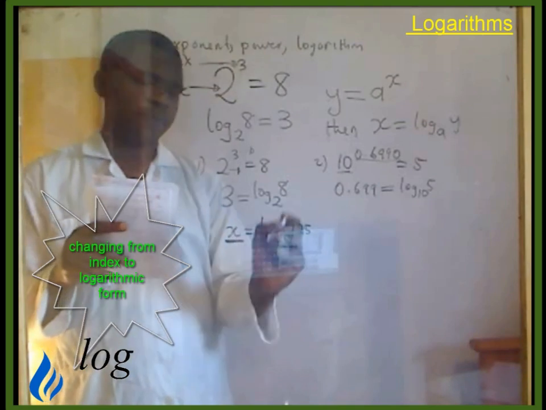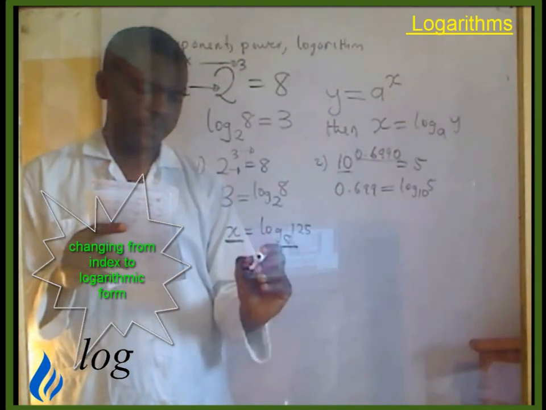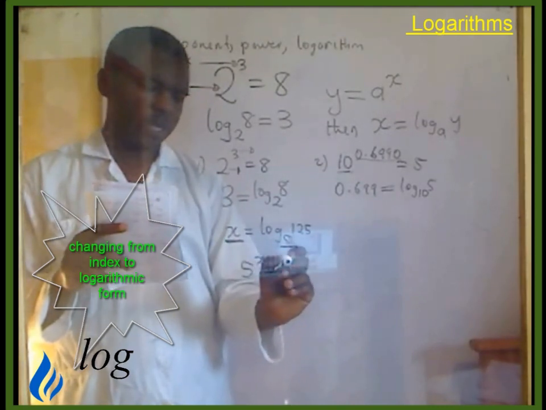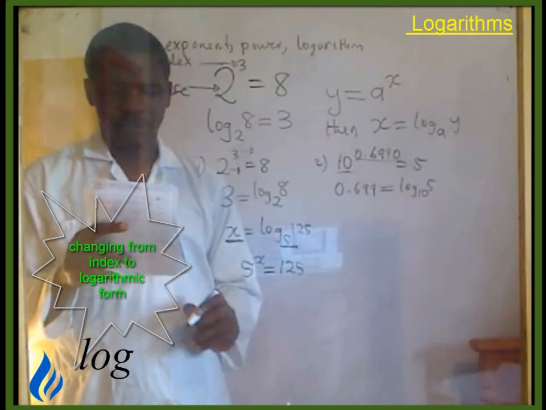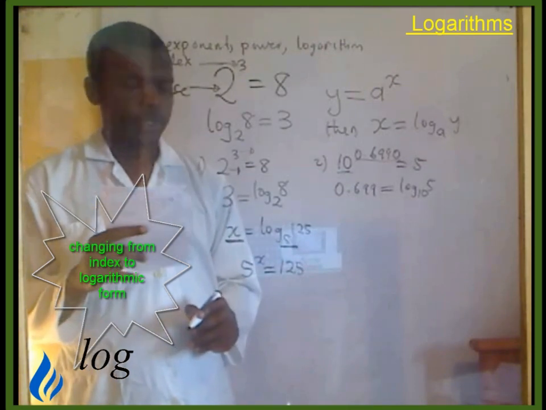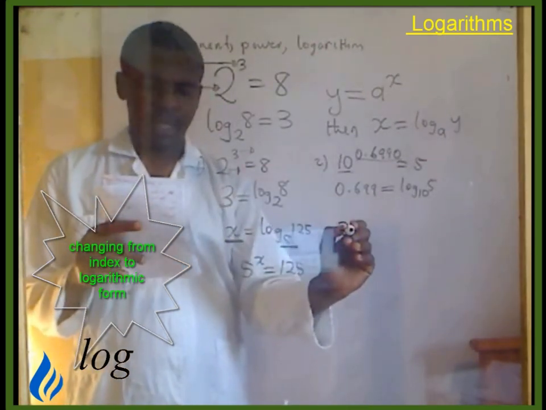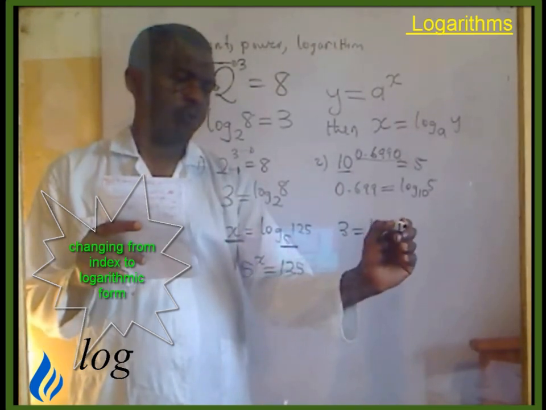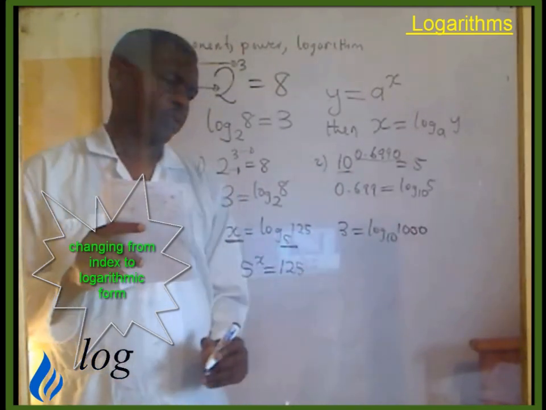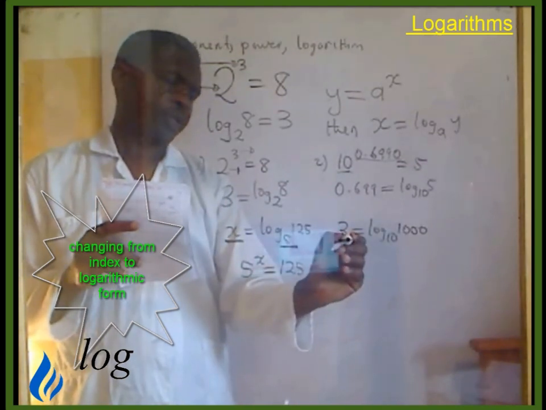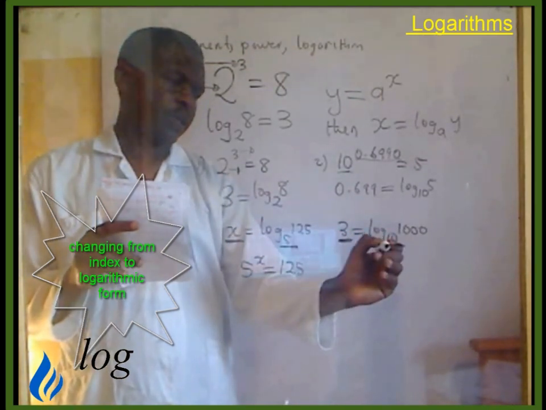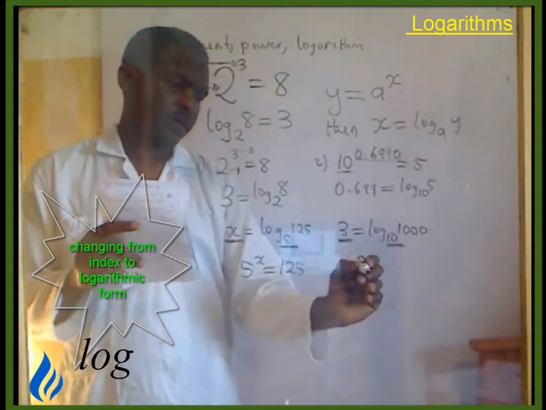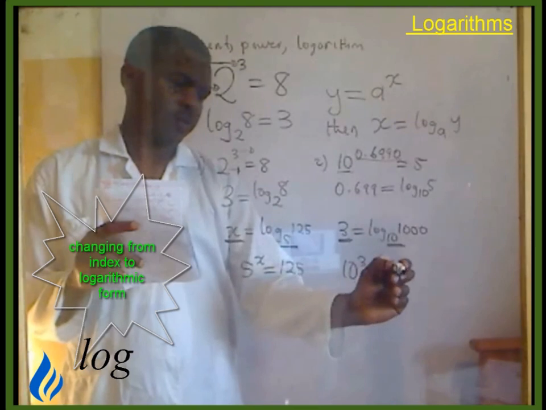So in index form, I'll have the base 5 raised to the power x is equal to 125. If we are given 3 is equal to log to base 10 of 1000, this is the logarithm, this is the base. So I'll have 10 to the third is equal to 1000.